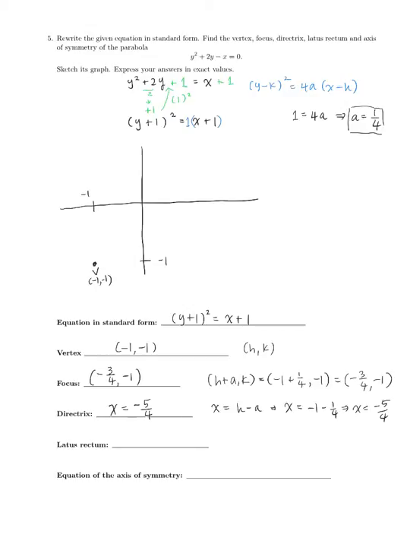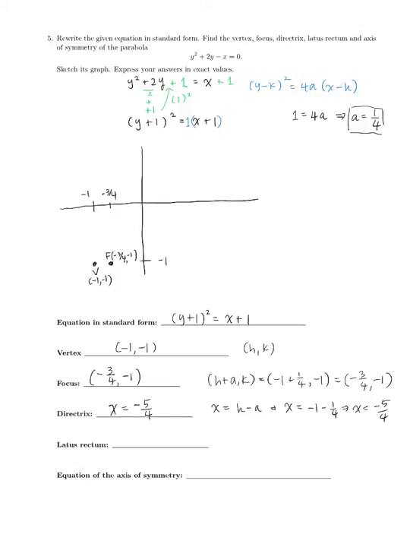And then our focus is (-3/4, -1), so this is our focus. And the directrix is x = -5/4. So that's what, -1 1/4.